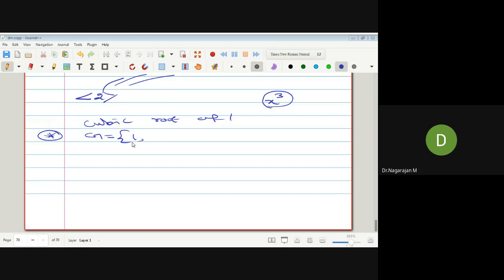So 1 root is 1. What are the remaining roots? There are 2 remaining roots. Any idea? We already studied this in the complex number system in plus 2 standard.